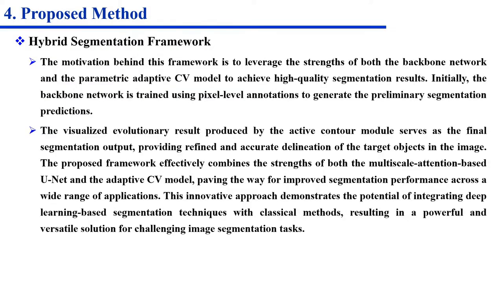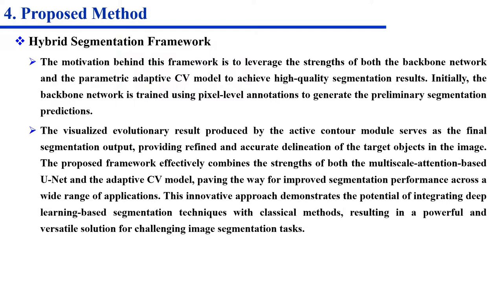So, by synergistically combining these two methodologies, we have crafted a hybrid segmentation framework. Here is how it operates. The process is initiated by the backbone network, which undergoes rigorous training using pixel-level annotations. This network then generates preliminary segmentation predictions.